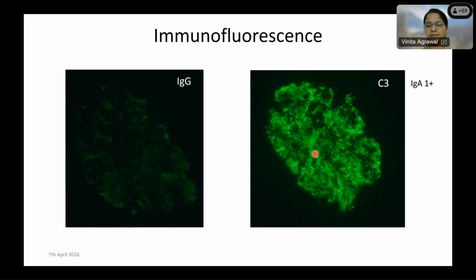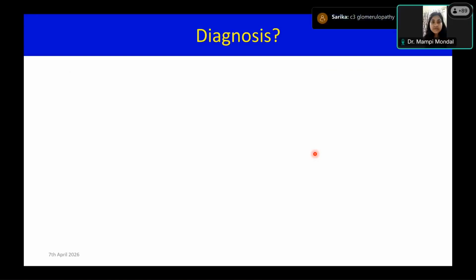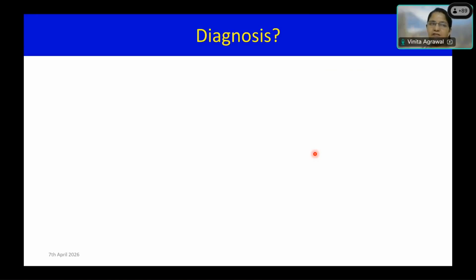C3 dominant. So what is your diagnosis? C3 glomerulopathy. Very good. So MPGN pattern of C3 can also have, I showed you, the DPGN pattern. It can have a mesangial pattern.